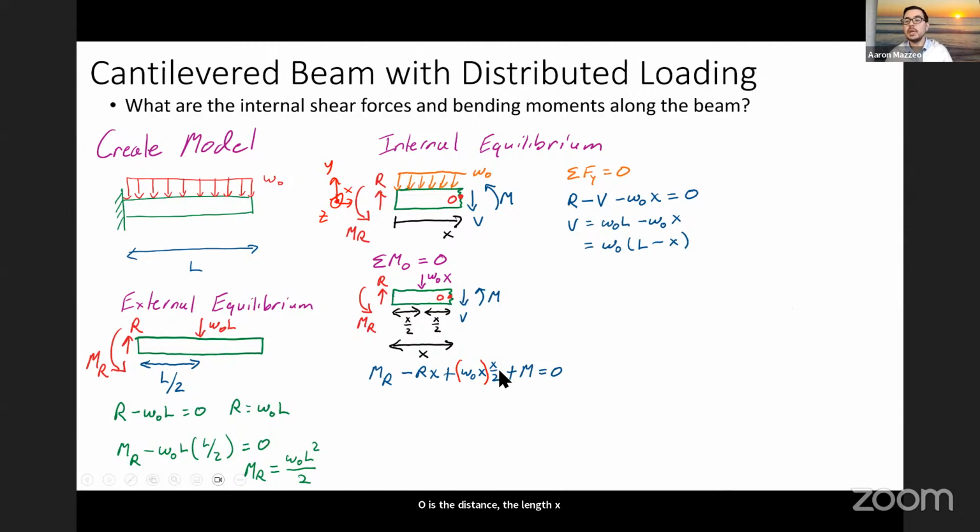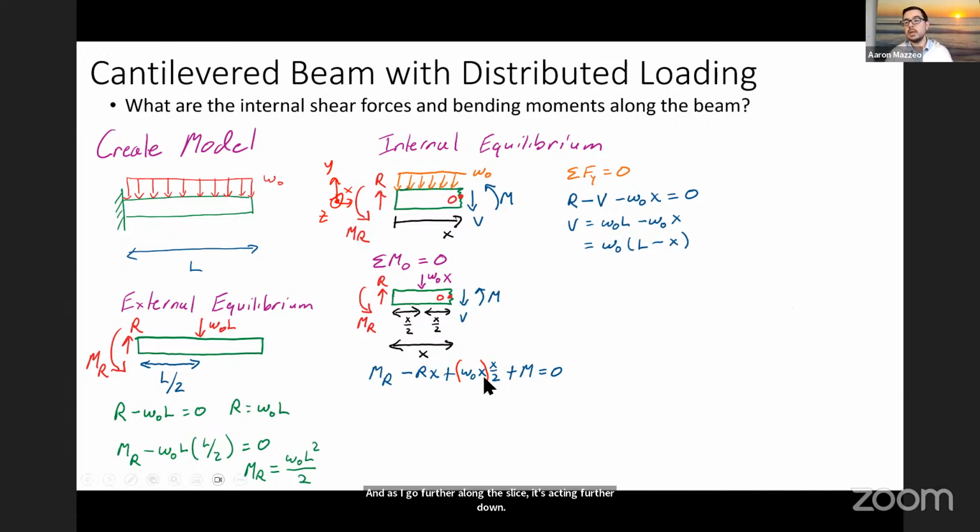Okay, so this might be a little bit tricky, but keep in mind that as we're moving along the beam, it changes the contribution of the distributed force. It's no longer just at the middle of the beam. It's at the middle of where the effective force is acting, and as I go further along the slice, it's acting further down. Any questions about that?